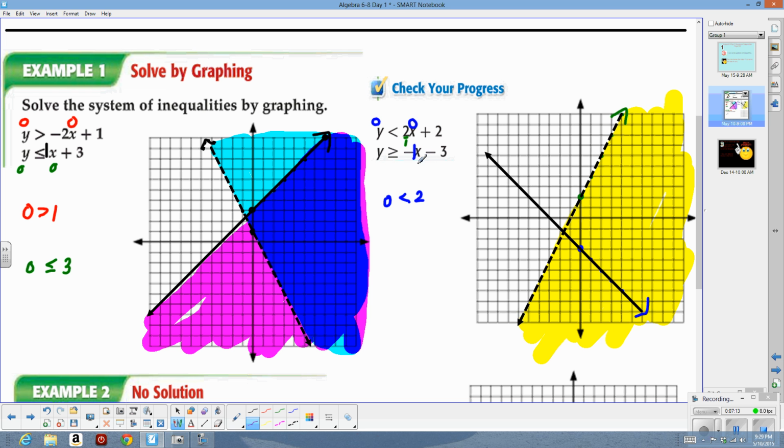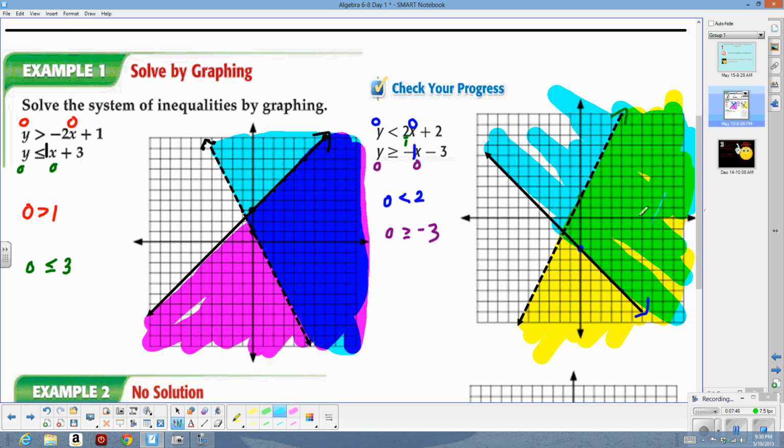If I put in a 0 for x and a 0 for y, I would end up with 0 is greater than or equal to -3. And that is true. So let's go ahead and shade the part that has 0, 0. And where the two shadings overlap, the green part, that is the solution to the system of inequalities. Any of the points that fall in this section right here would be a solution.